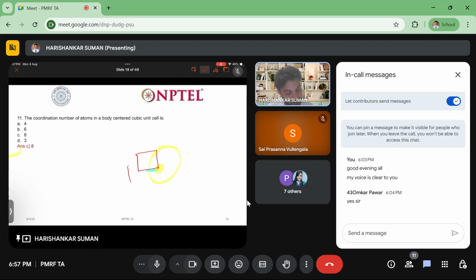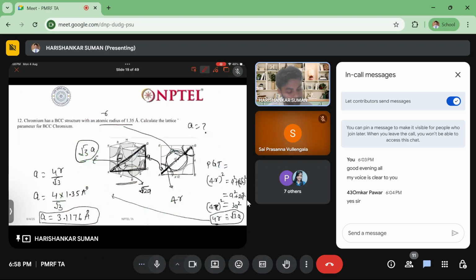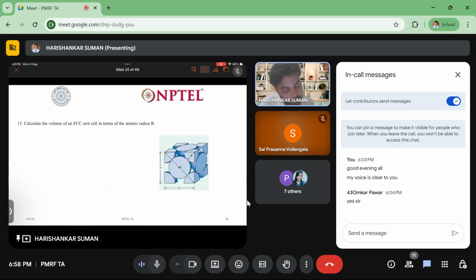Okay, now see the FCC structure. Calculate the volume of the FCC unit cell in terms of the atomic radius R. You can see this is A, and the diagonal equals 4R. The angle here is 90.